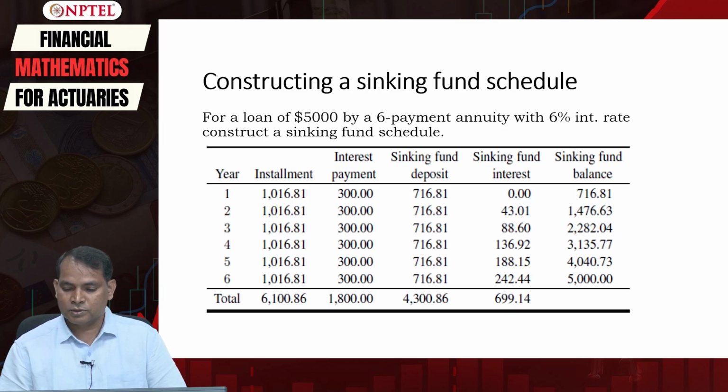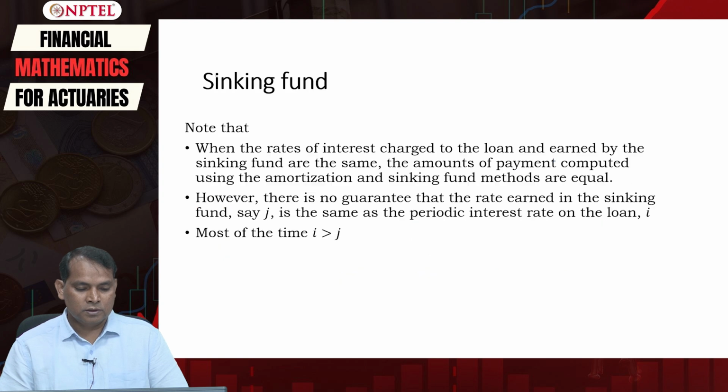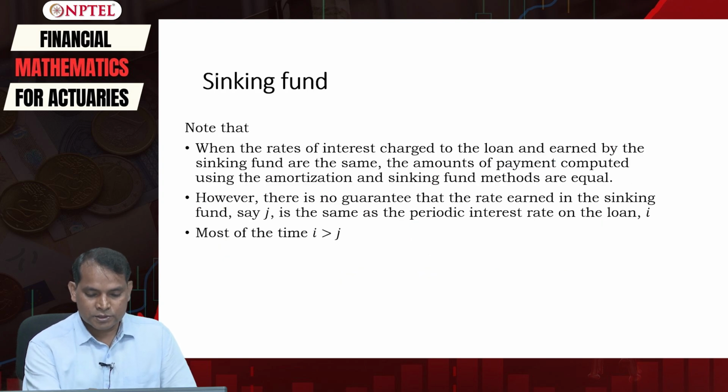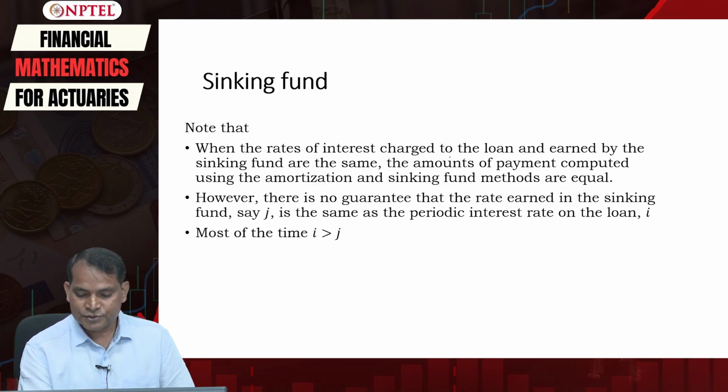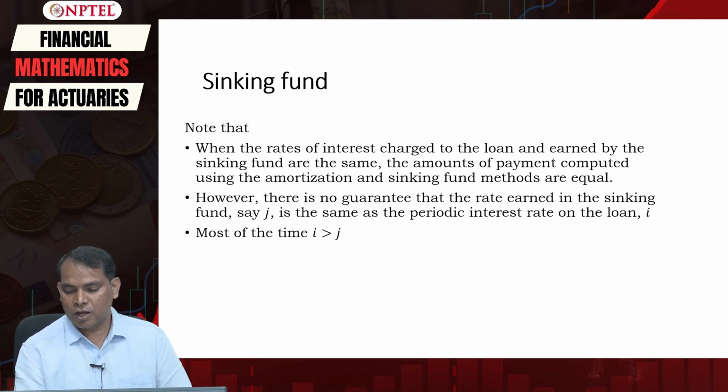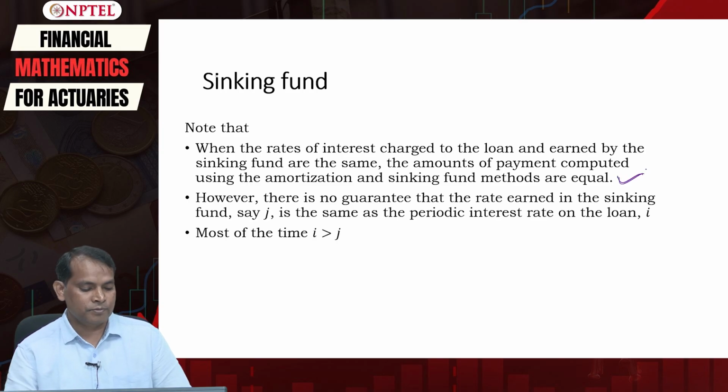Most of the time the interest rate you are going to pay is higher than the interest rate you are going to earn. So when the rate of interest charged to the loan and earned by the sinking fund are the same, the amount of payment computed using the amortization and sinking fund methods are exactly the same.